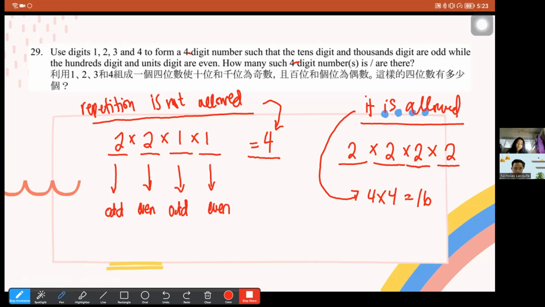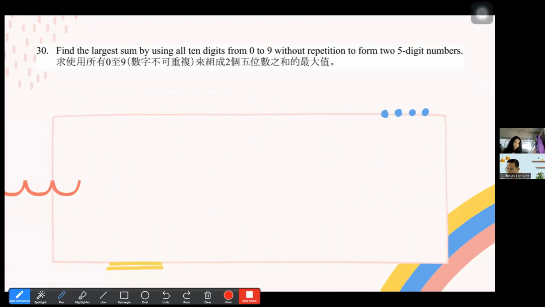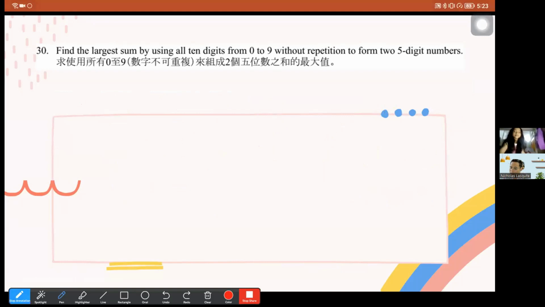Okay, so last number, then we're done. Find the largest sum by using all the 10 digits from 0 to 9 without repetition to form two 5-digit numbers.